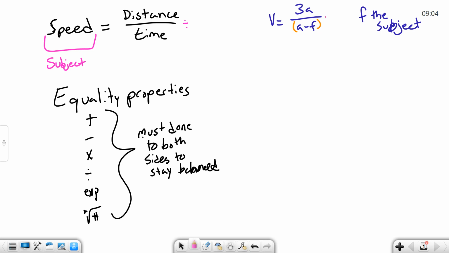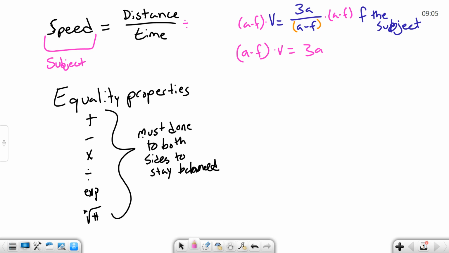So we have the opposite of division, which is multiplication. We're going to move a minus f. A minus f times v is equal to 3a. It's really tempting from this point to take v and divide both sides.